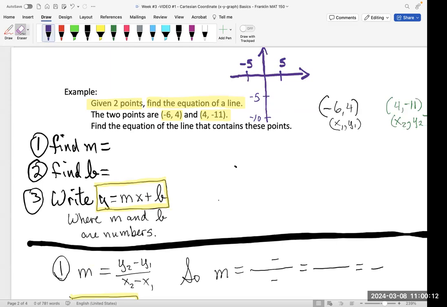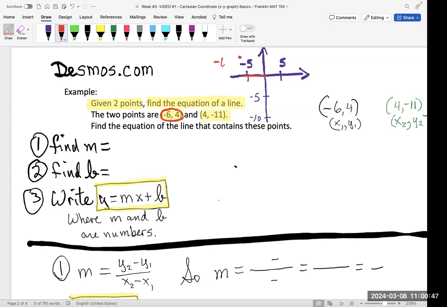This is where I encourage you to have a tab up that is Desmos.com. Desmos will do this quite accurately for you. My goal is that you recognize and that it clicks that all of these dots you're putting on paper are XY pairs of numbers that make the equation true. So here, graphing -6, 4, -6 would be to the left, and then +4 would be somewhere about here.